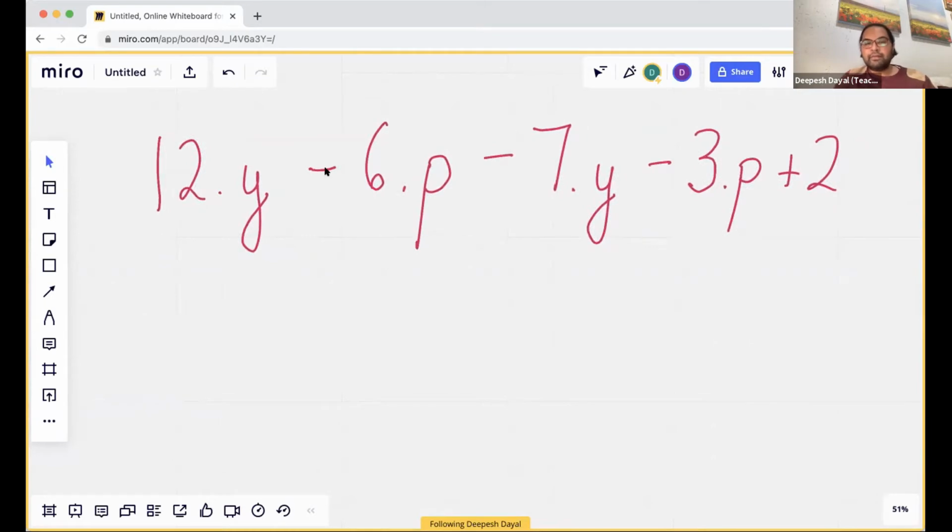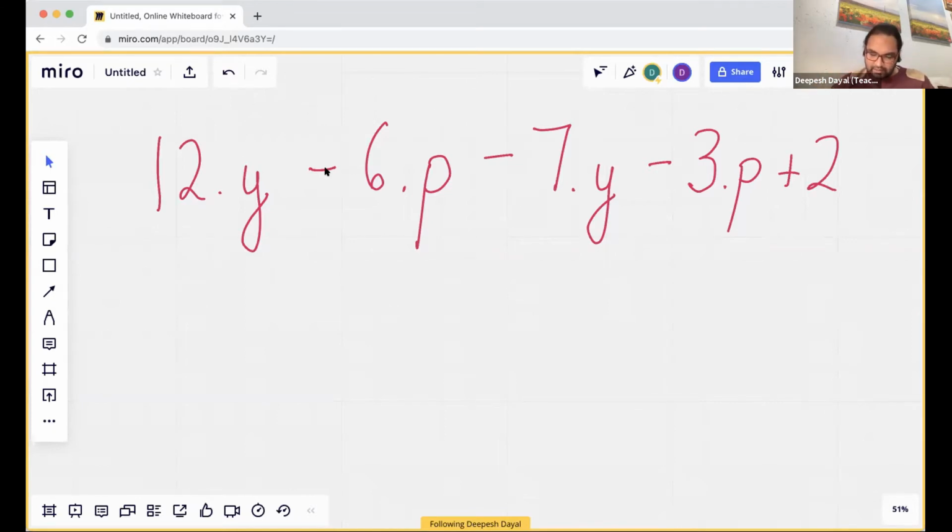Now be very careful with the signs. So 12 dot y minus 6 dot p minus 7 dot y minus 3 dot p plus 2. Remember, we're going to circle the like terms, or you can put a square around them, whatever you need to do. 5y minus 3p plus 2.